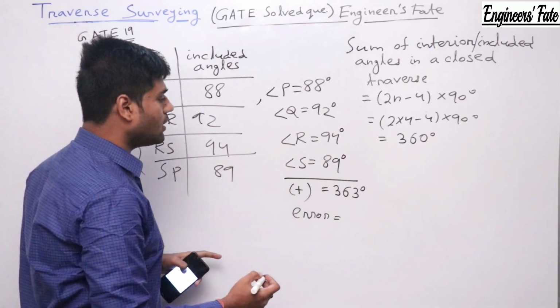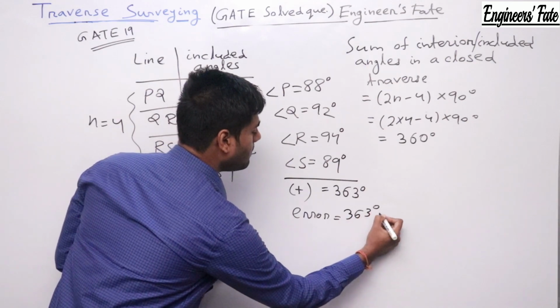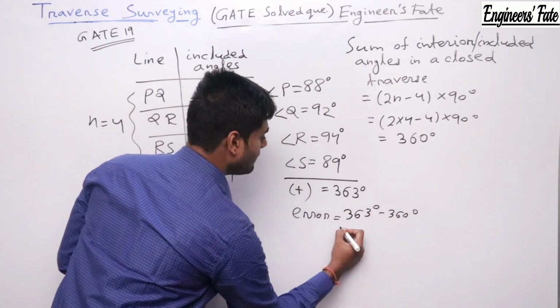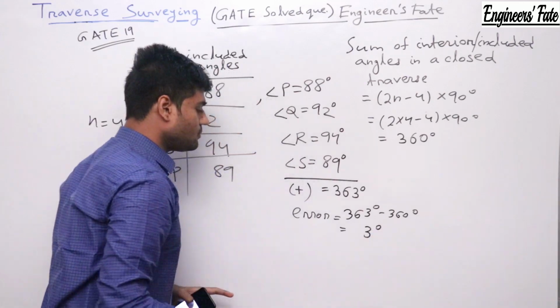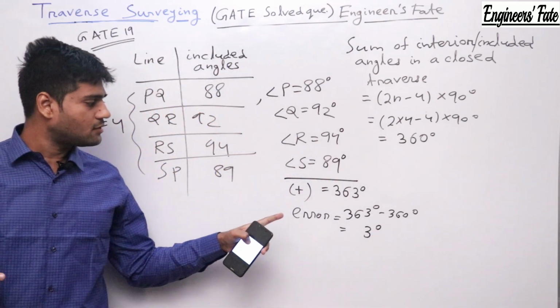So what is the value of the error? 363 degree minus 360 degree, that is 3 degree. Okay, the answer for this question is 3 degree.